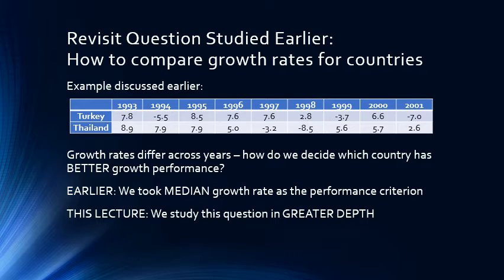So to explain how this is related to association, the issue can be posed as saying, is being Turkey associated with having a higher growth rate? And this is the question that we will be studying in this lecture.